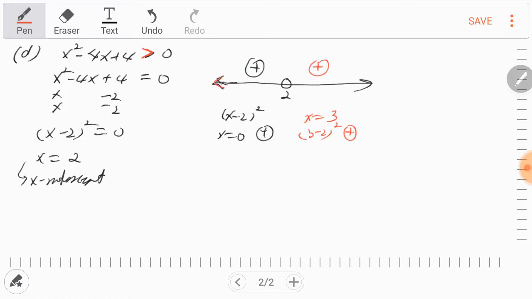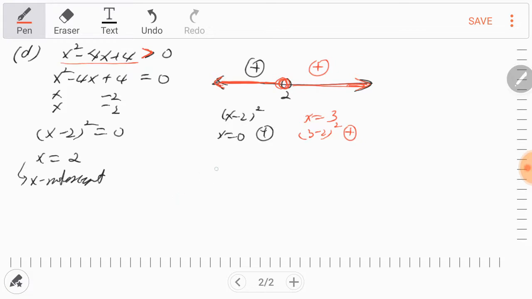Positive part is all the way from left to right before 2, right? And then all values greater than 2. We don't include 2 because if x equals 2, then this is 0. There's no equal sign, so we don't include 2.